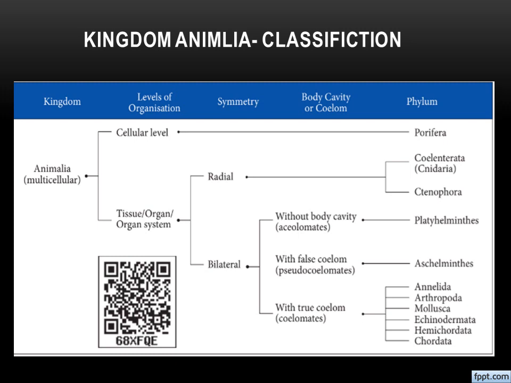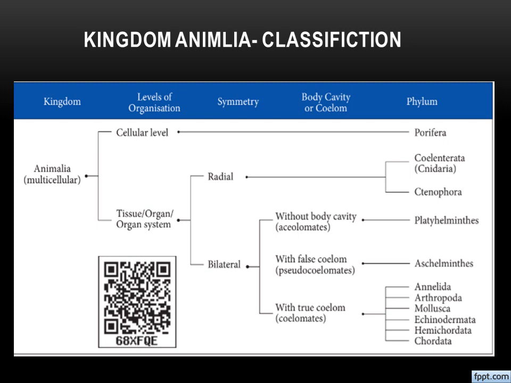For example, the first column mentions the kingdom. Which kingdom are we learning today? Kingdom Animalia, which consists of multicellular organisms. As per the levels of organization, Kingdom Animalia will be classified into two.